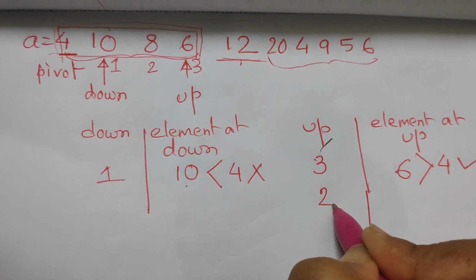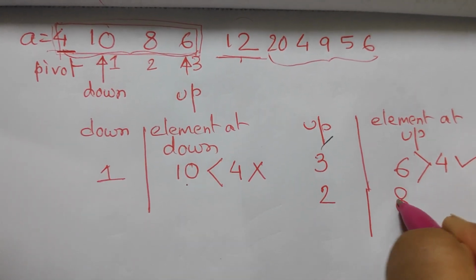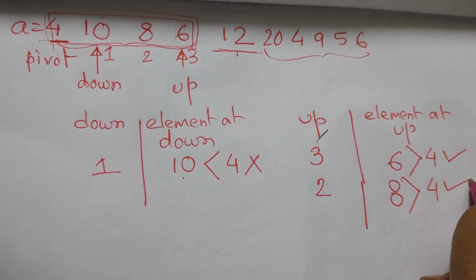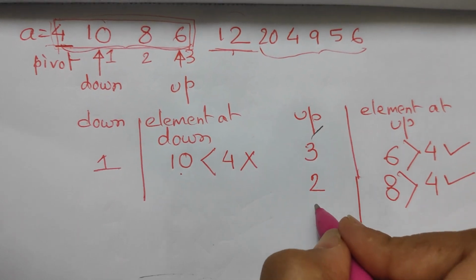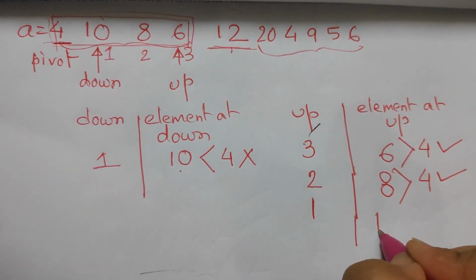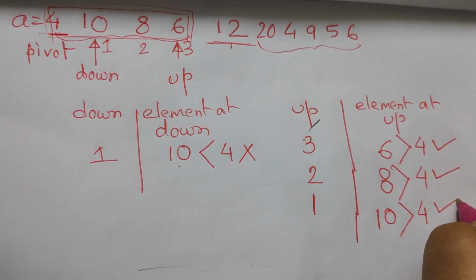Up becomes 2. The element at up is 8, correct? That is also greater than 4, right? So up becomes 1. The value at 1 is 10. 10 greater than 4, that is also correct.